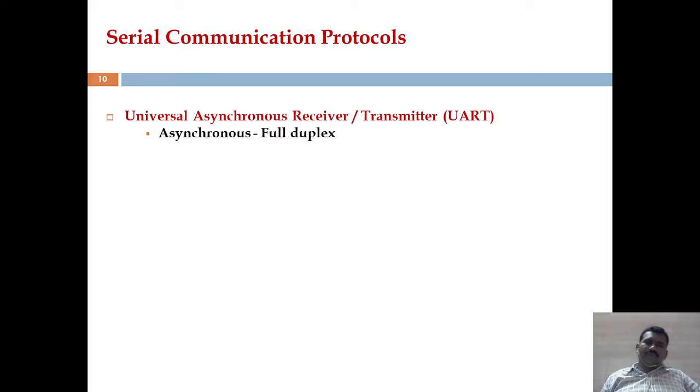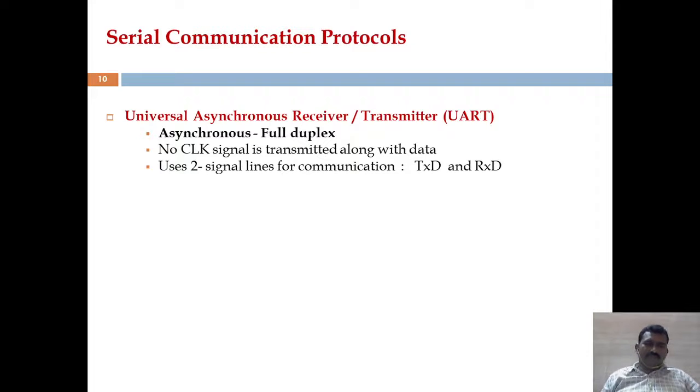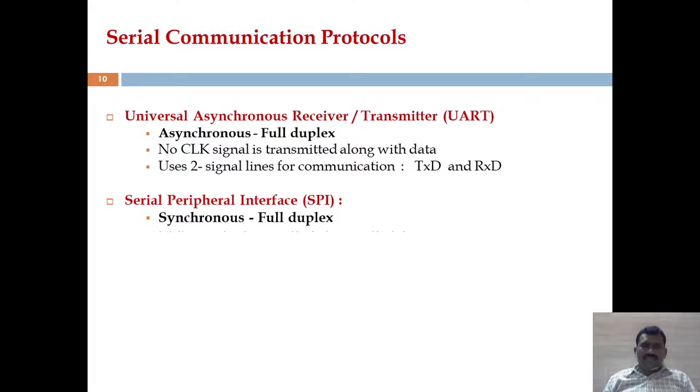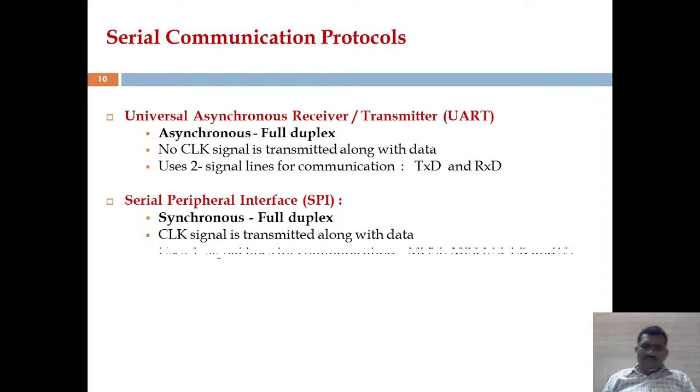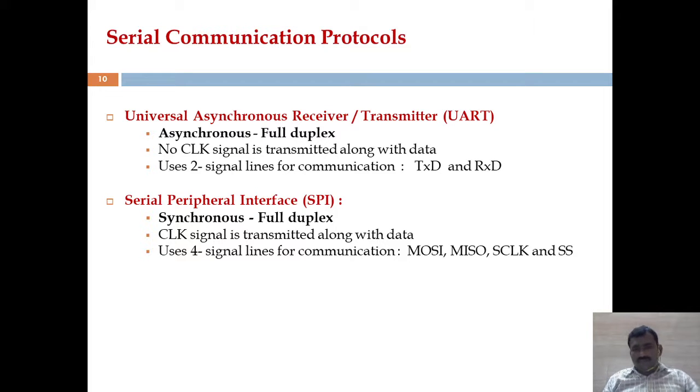Coming to UART: asynchronous full duplex communication, no clock is transmitted along with the data, and it uses only two signals for communication, TX and RX. Coming to SPI: synchronous full duplex, the clock signal is transmitted along with the data, so it uses 4 wires: master output slave in, master input slave out, serial clock, and slave select.